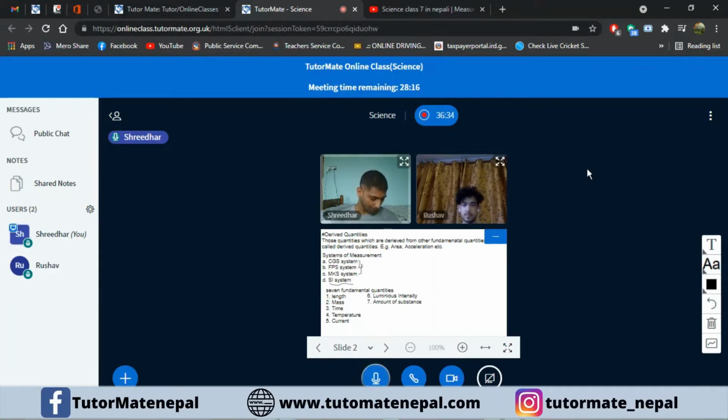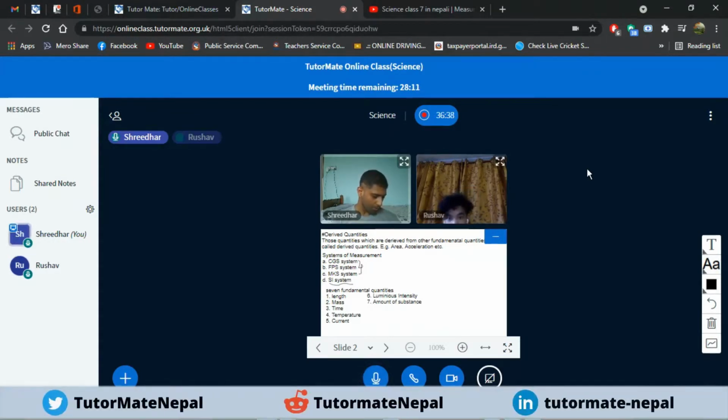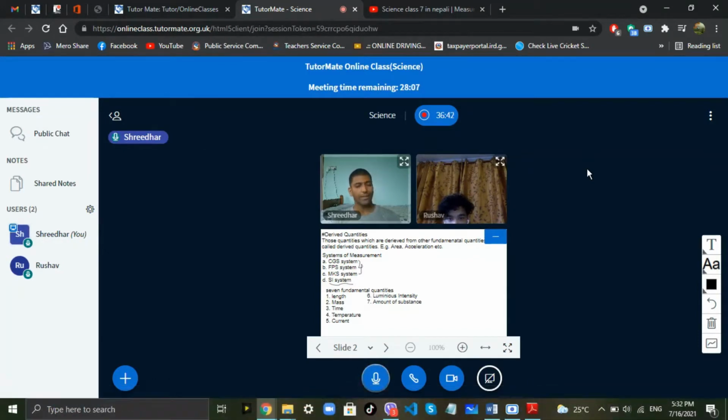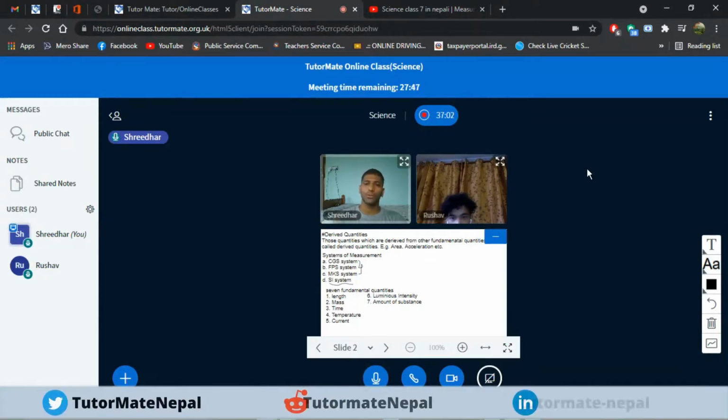Okay. So there are various steps to measure the length, mass, and time. While measuring the length, we have to take some precautions. While measuring the length of a book, we use the scale, and one important precaution is that we have to start with the zero of the scale.